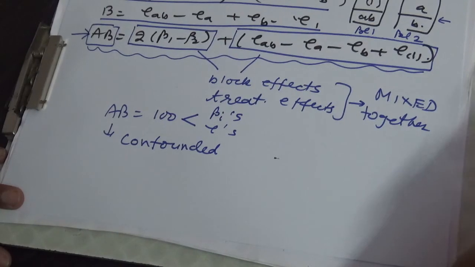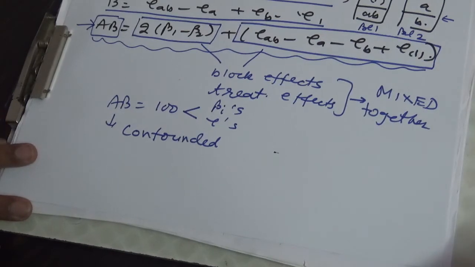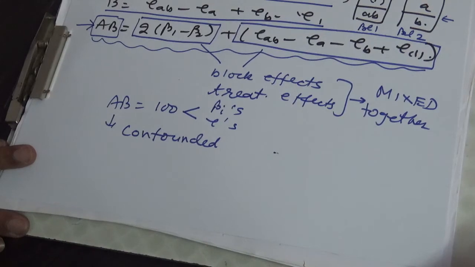You can take the meaning of confounding in a very simple word, like mixed up. When you are trying to estimate AB, the block effect and treatment effect are mixed together and you cannot separate them out.